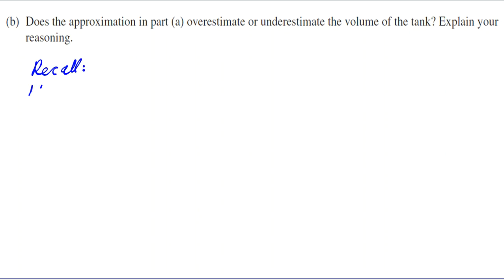First of all, if f of x is decreasing on an interval, then the left Riemann sum, or the left rectangular approximation, guess what? If it's decreasing, the left rectangular approximation is an overestimate.